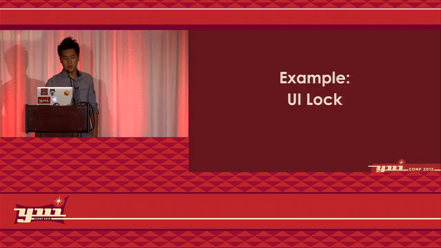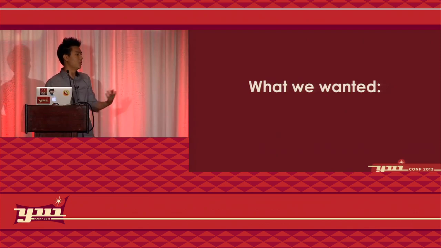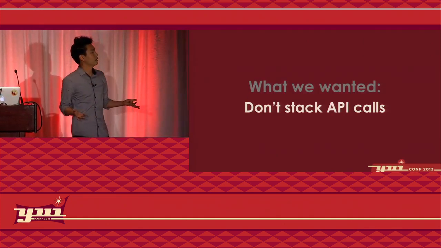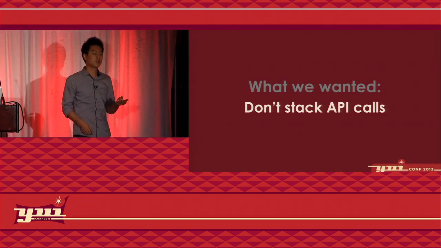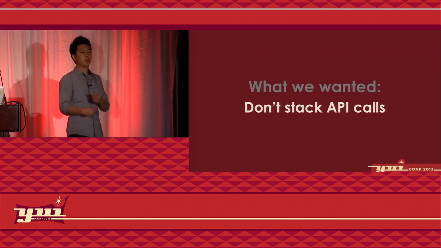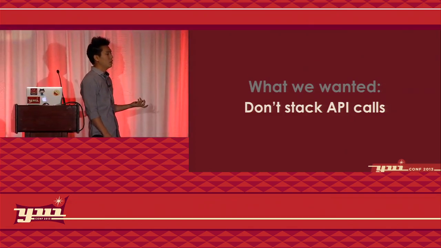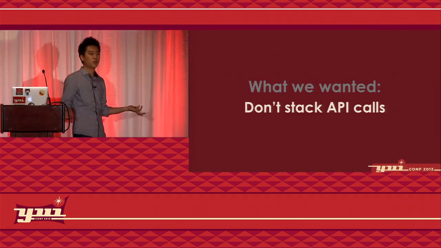The next example is UI lock. In an interactive website, there are a lot of API calls going back and forth, happening not just on one page but on different pages using different JavaScript. Obviously, we don't want people to log in twice or submit the form a billion times.